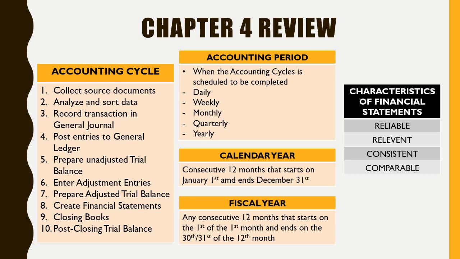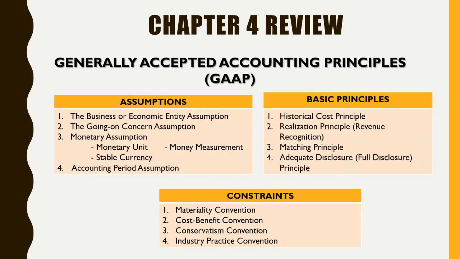We also talked about the 4 characteristics of a financial statement: it must be reliable, relevant, comparable, and consistent. And we talked about the generally accepted accounting principles, which are these 12 items: your assumptions, your basic principles, and your constraints.